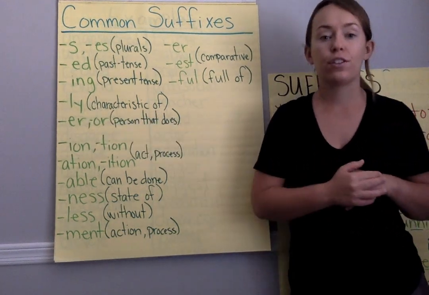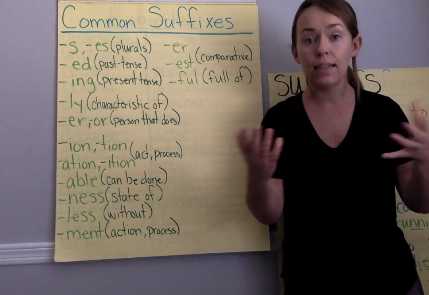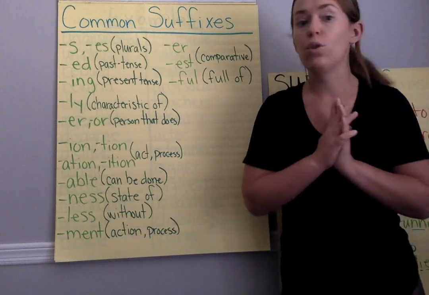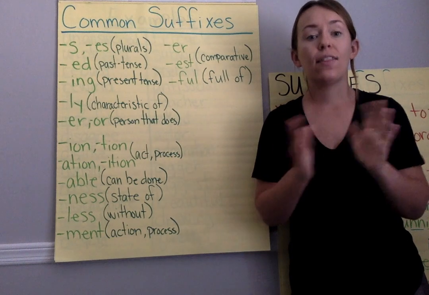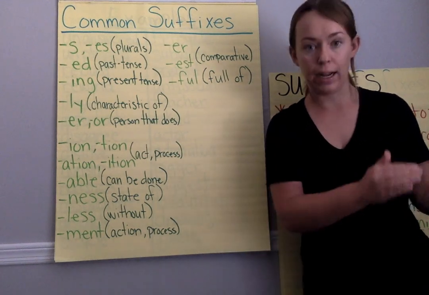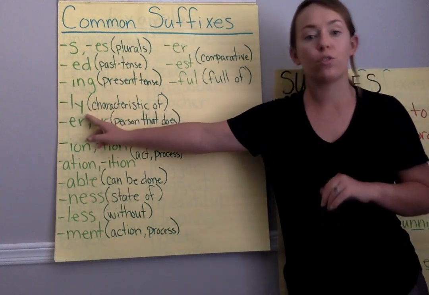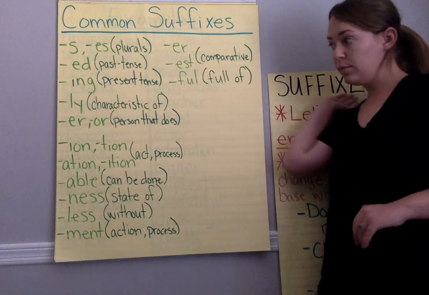LY means characteristic of, which means if I'm saying it's cloudy, or if I'm saying that I'm moving slowly outside while I run, then it's showing how I am moving slowly, okay? Remember that the ly also usually shows adverbs, okay?